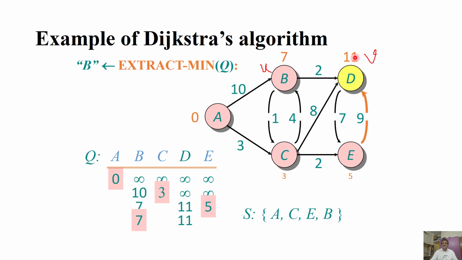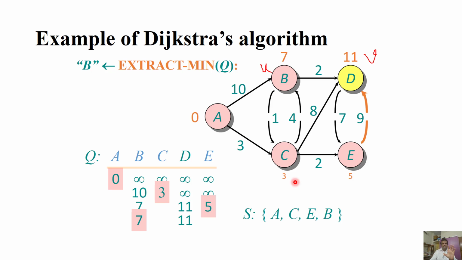So we must do this relaxation. We update this key value to 9. This is the decrease key we must do. So this will change to 9. And then who are the vertices adjacent to this? This we can check, this is 7 plus 1, so 8, but 3 is already in S, so it is already cross-checked.